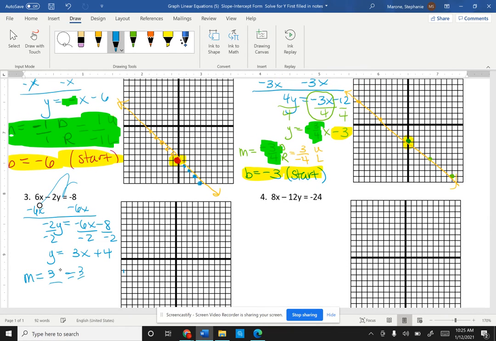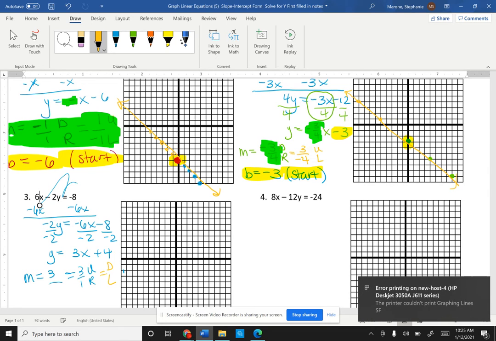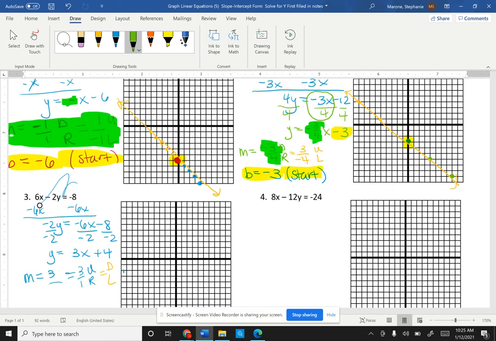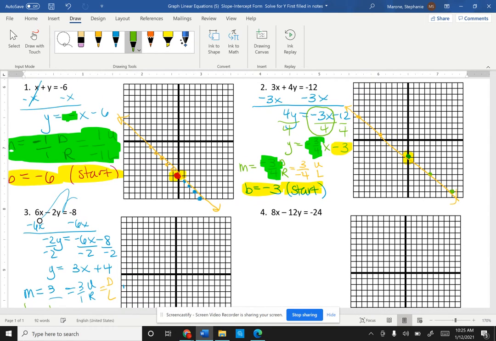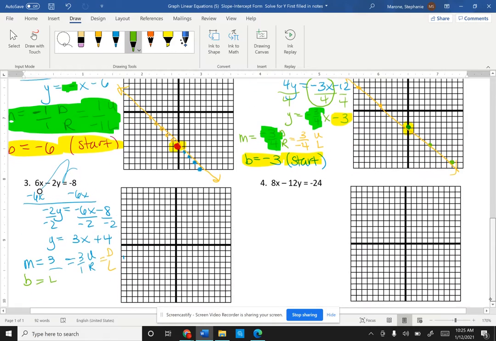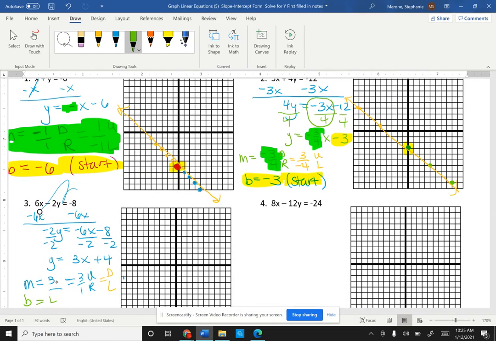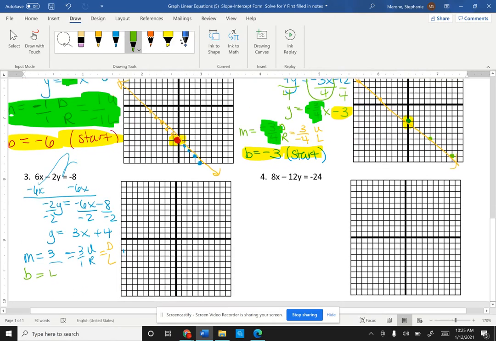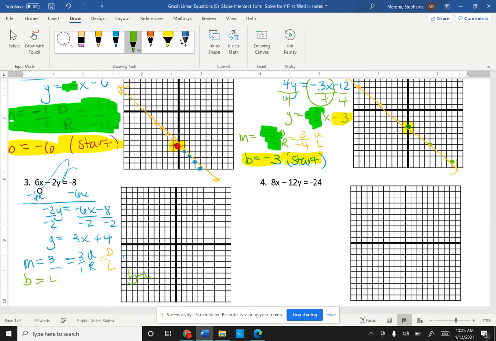I don't know why it's not letting me put the over 1 there, which is up 3 and to the right 1. We could also do down 3 and to the left 1. And the y-intercept is 4, which is where we start.